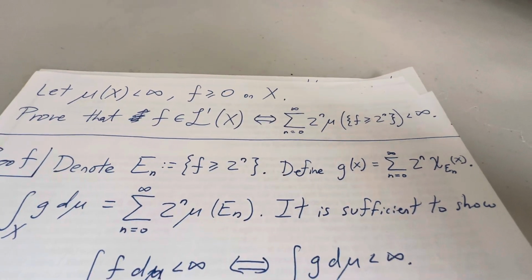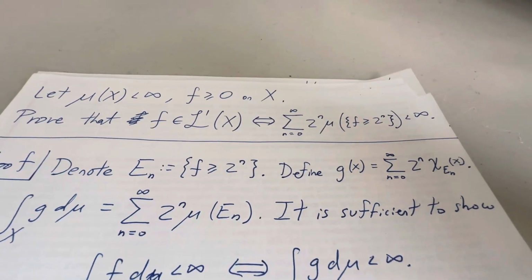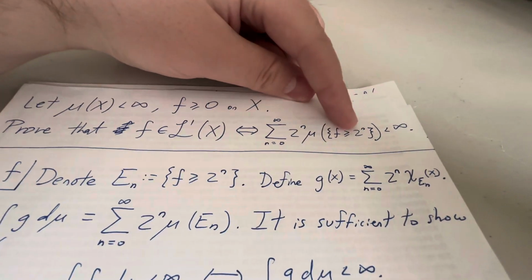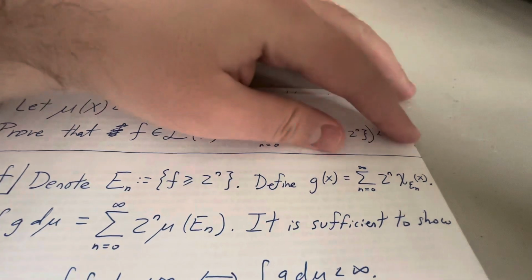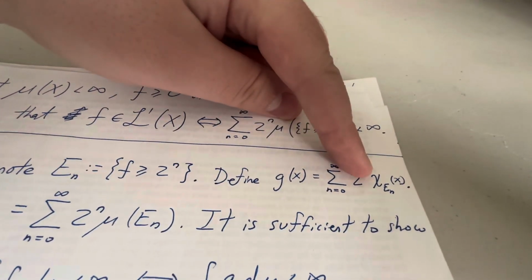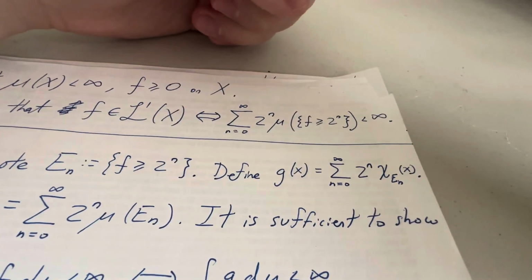And we let En denote the set of all points where f is bigger than or equal to 2 to the n. And so what we've done here is we've replaced this set with En. So we have measure of En. And we define a new function, g(x), to be equal to the sum of 2 to the n times the characteristic function over the set En.